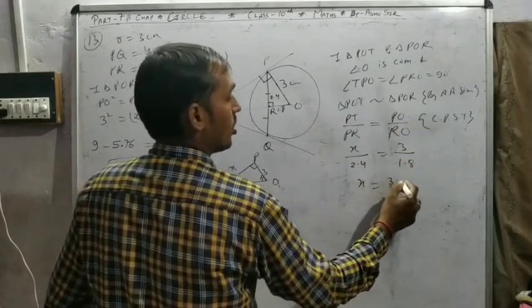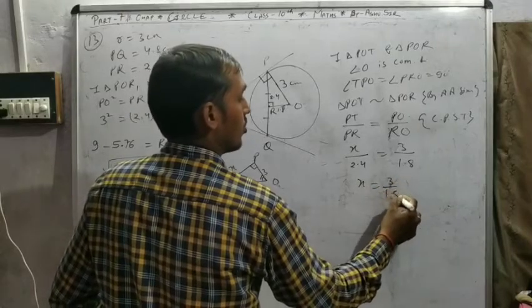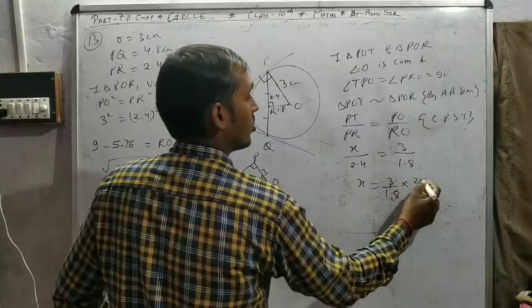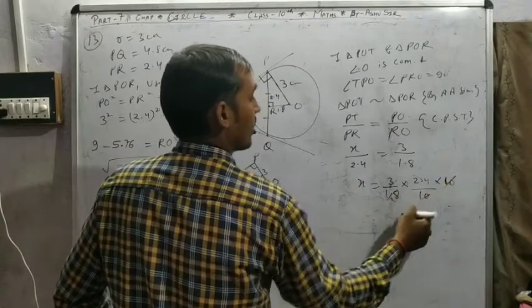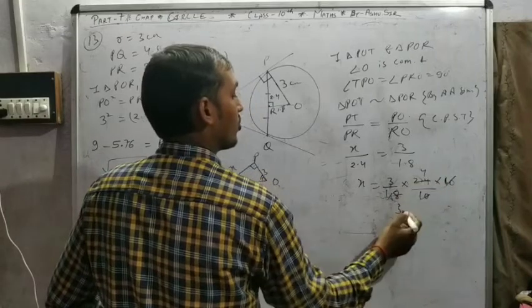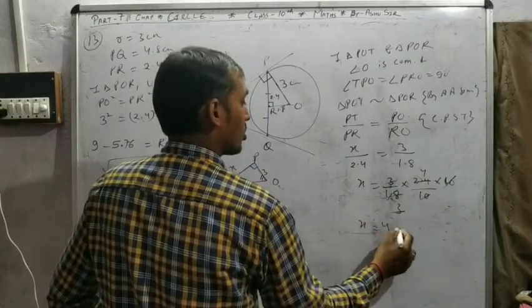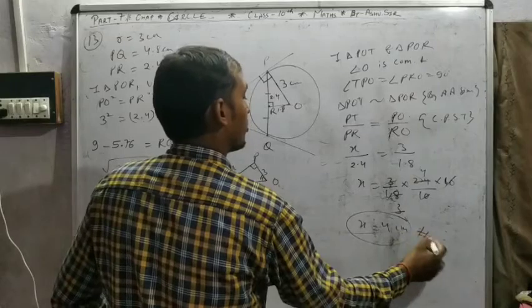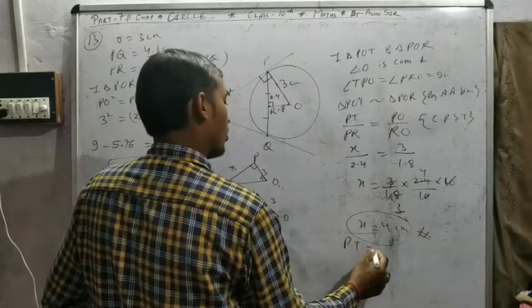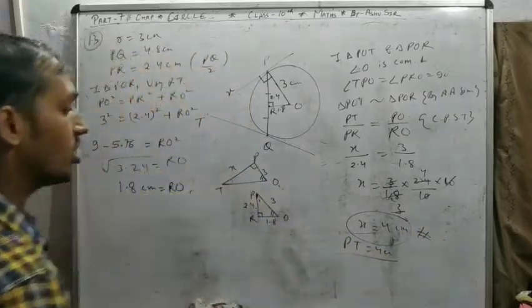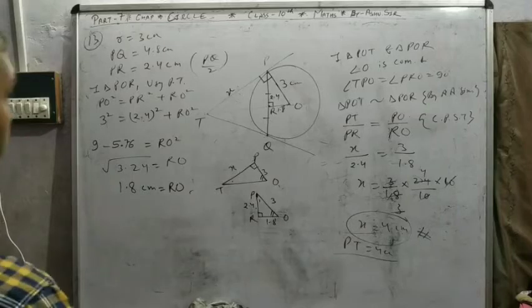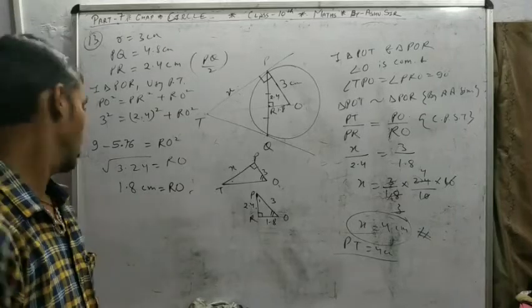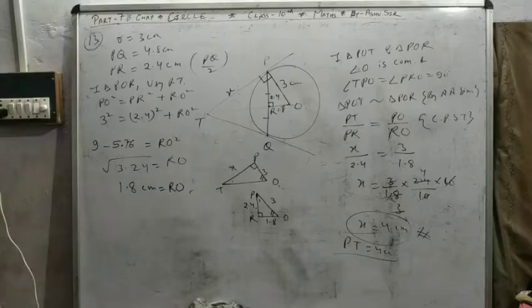So X is equal to 3 upon 1.8 into 2.4. The tens cancel, 6, 3, 18, 6, 4, 24, 3 and 3 cancel. So X is equal to 4 centimeter, the length of PT. The tangent's length is 4 centimeter. We have solved this question by similarity. Pause, and note it down.